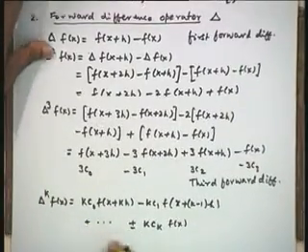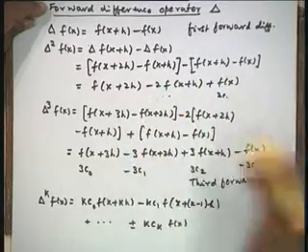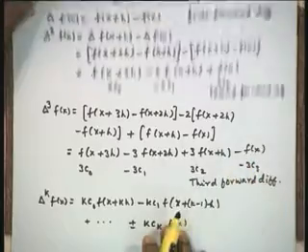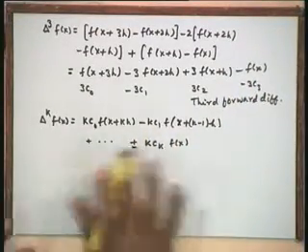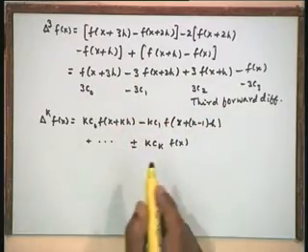If k is even, we will get a positive sign, since the signs alternate plus, minus, plus, minus. When it is odd, we will end up with a negative sign. Therefore, any forward difference can be written straight away using these binomial coefficients.